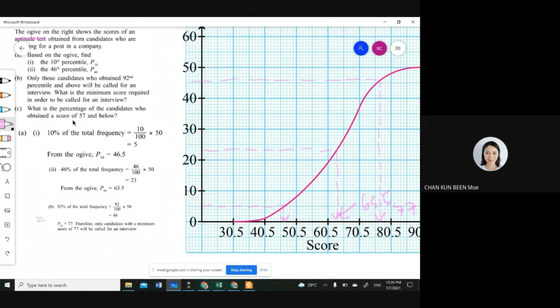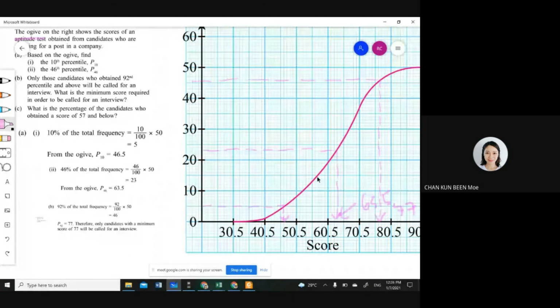You just need to refer to the ogive. So how many candidates have a score of 57 and below? You just refer to this ogive over here. 57 is somewhere over here. So this is 54, 55, 56, 57.5. This is where 57 is.